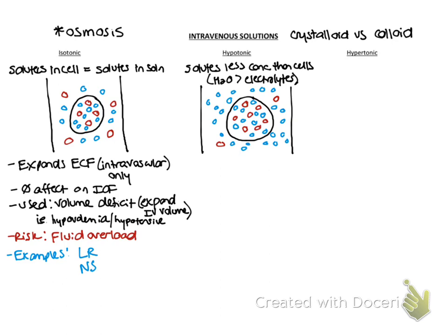Into the cell, right? Because I have more water than electrolytes, so I'm pushing water into the cell because I want to create that balance. So it pulls water into the cell.